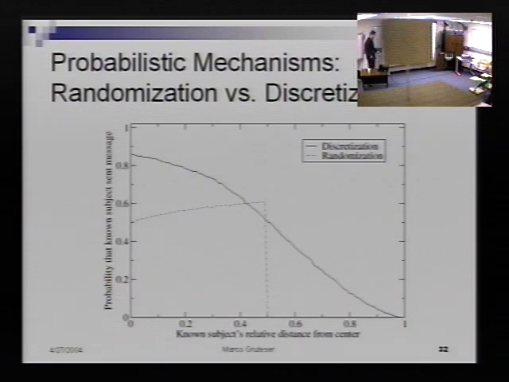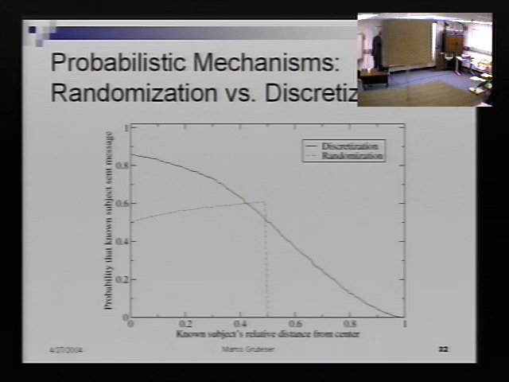And you see that for the randomized algorithm, it is very close to 50%, 50% being the maximum uncertainty between two users. And then once you get too far away from the center, the cloak position becomes unreachable, and it is clear for the adversary that this particular subject cannot have originated the message.